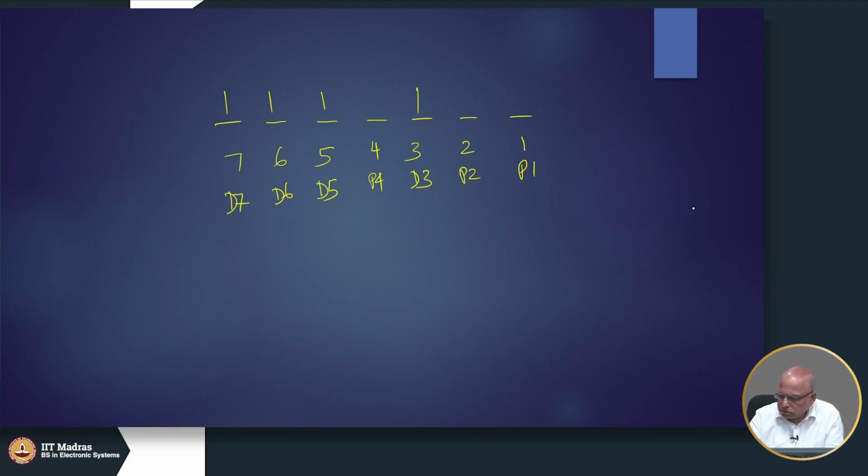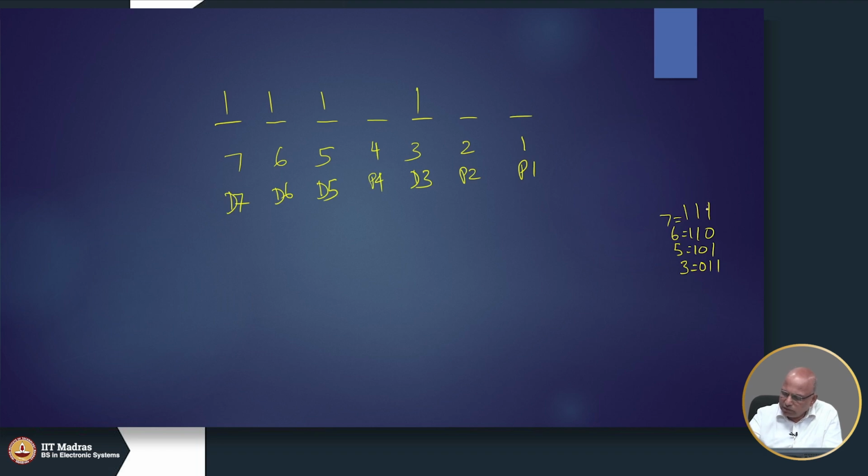So 7 is 1, 1, 1, 6 is 1, 1, 0, 5 is 101 and 3 is 011. So these are the data positions 7, 6, 5 and 3.